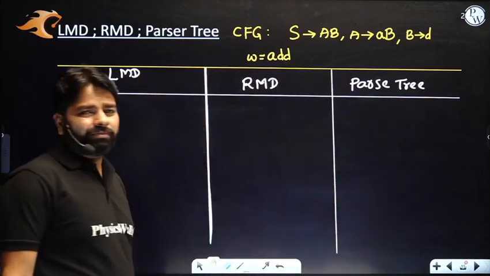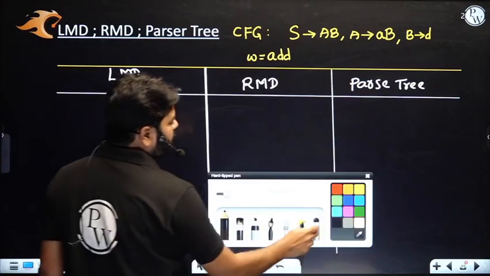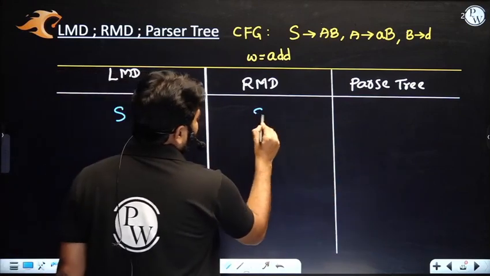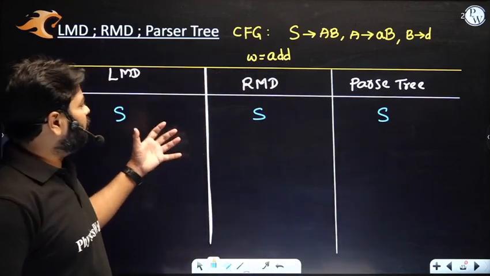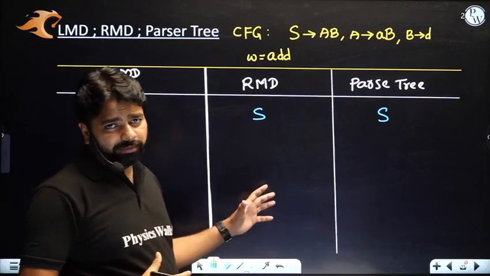What is the leftmost derivation? When you look at all of them, everybody will start with the same concept. They start with S only, the start symbol of the grammar. But how you do it? Here we'll complete the LMD, then we'll go for RMD.